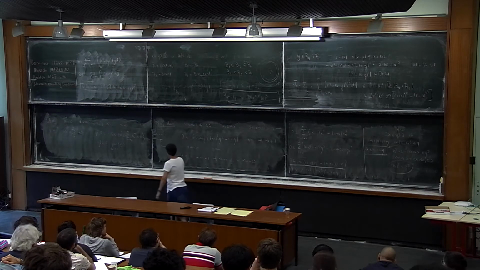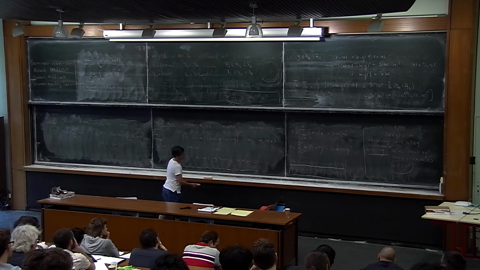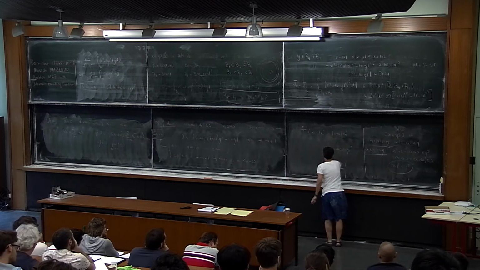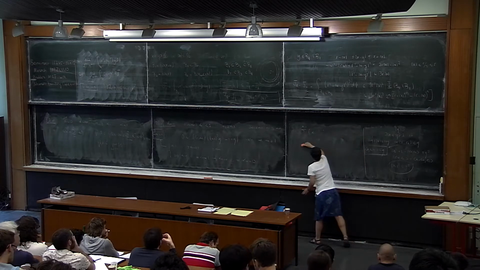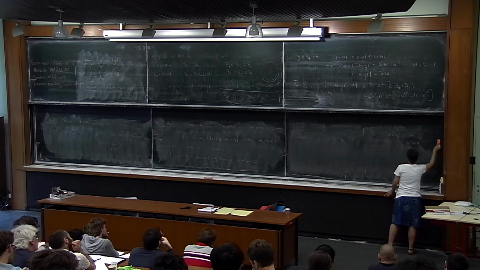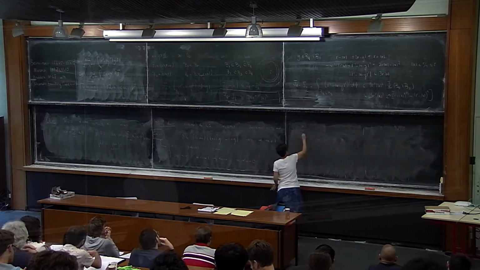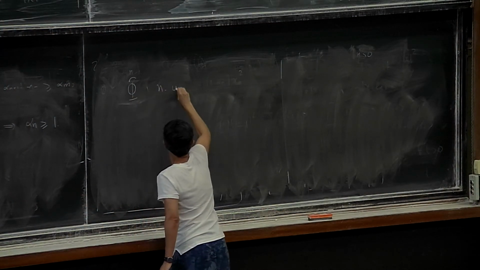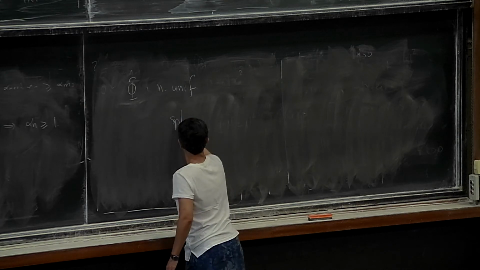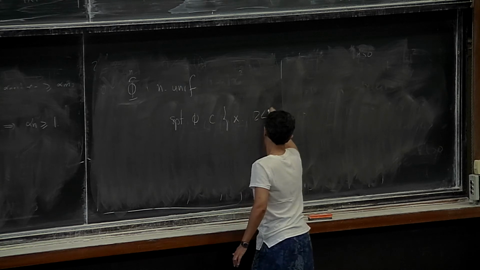Okay, so do I have it on top still? No. So I'm going to do it here. So we did this computation. If phi is n uniform, what we proved was that the support of phi was included in the following polynomial.